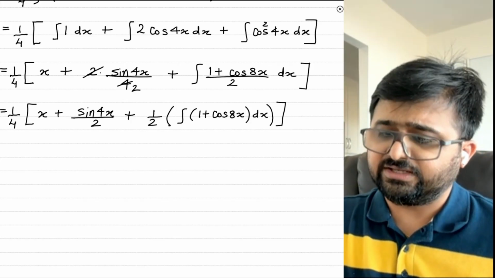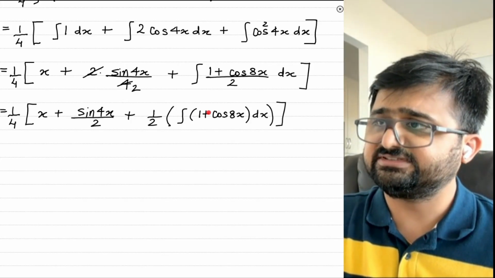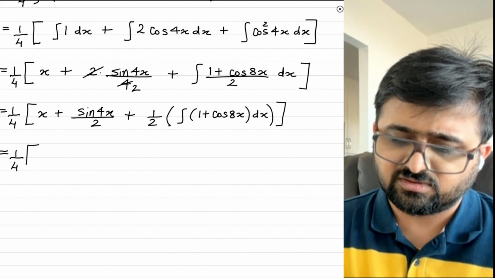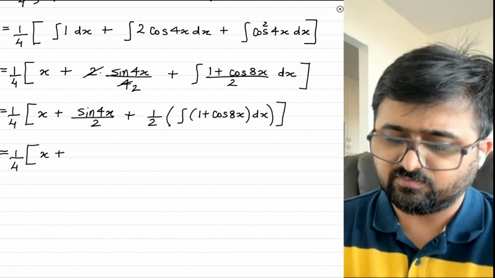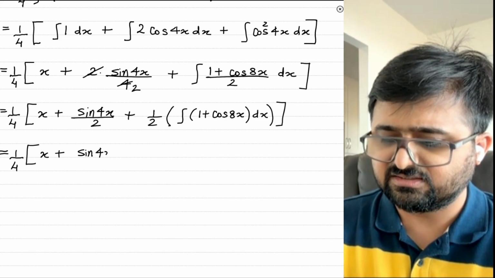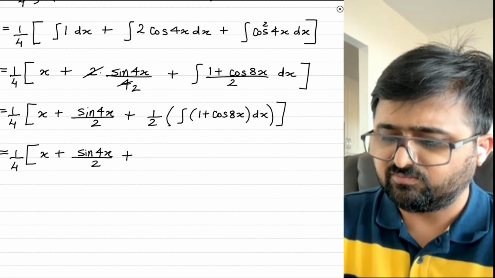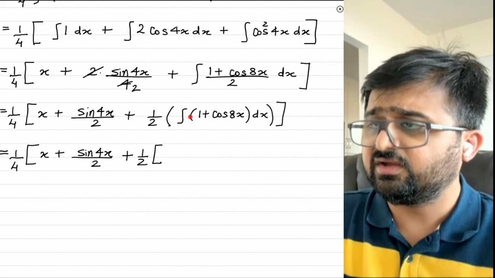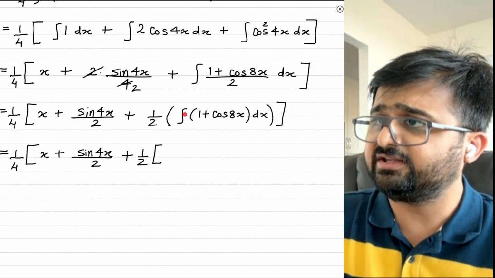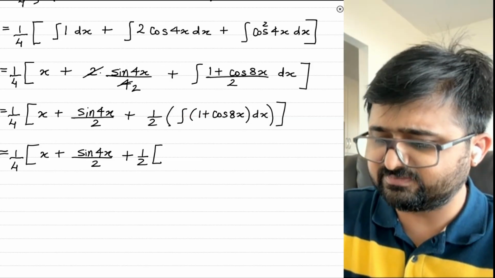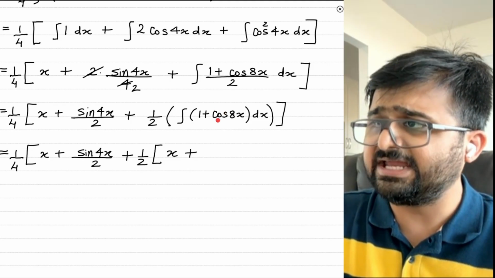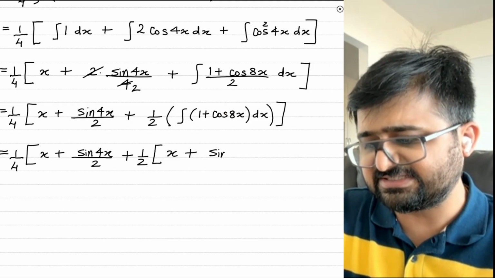Now this integral can be given inside of this bracket over here. So we get 1 by 4 x plus sin 4x divided by 2 plus 1 by 2. Let's open the bracket again. Integral of 1, give that integral to both of those terms. Integral of 1 with respect to x is nothing but x, plus the integral of cos 8x with respect to x is nothing but sin 8x.